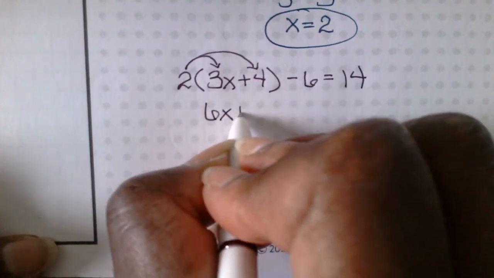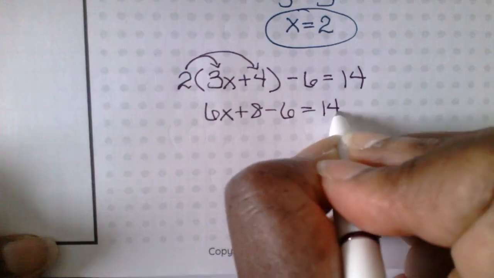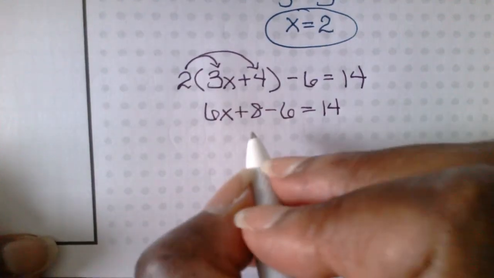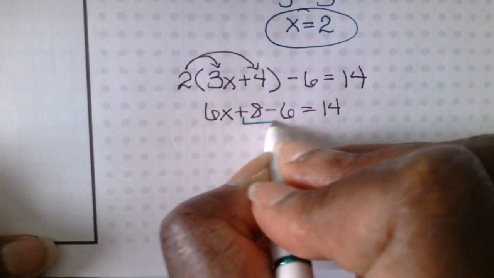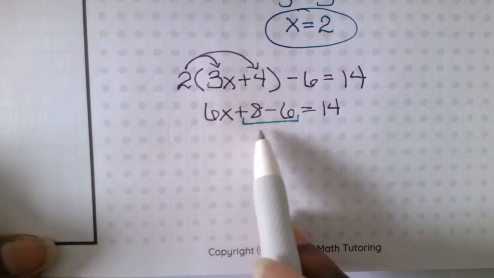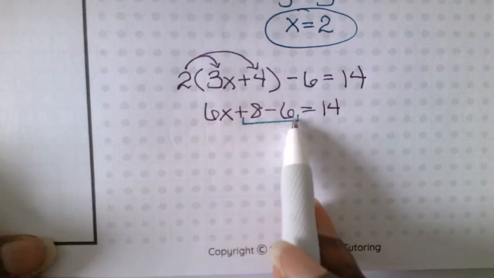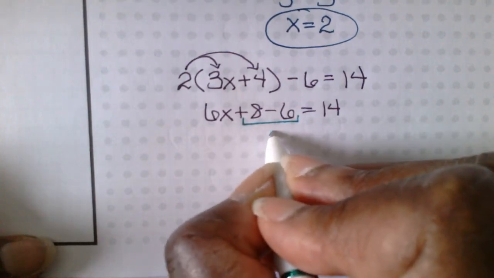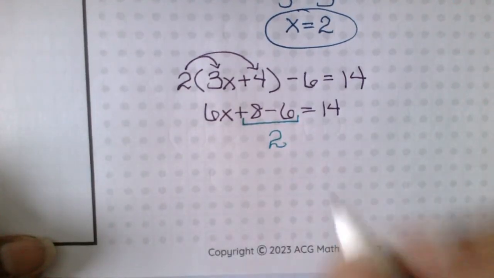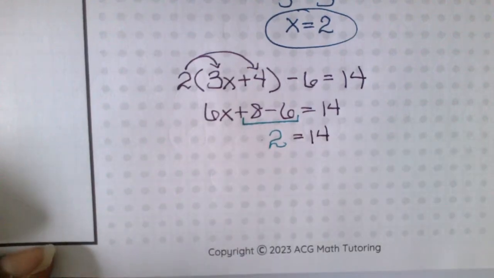So you have your 6x plus 8 minus 6 equals 14. Then you have your like terms right here. Notice the 8 and the 6 are on the same side of the equal sign. Combine them. Don't be afraid. That's a positive 8. That's a negative 6. So if I have $8 and I spent 6 of them, that means I have $2 left. Everything else comes on down. And since that's a positive answer, put the plus sign in front.